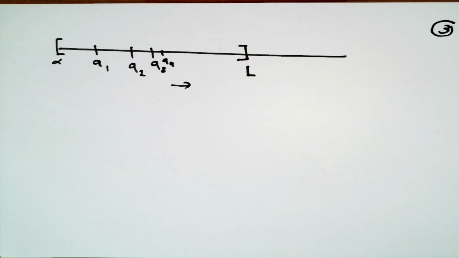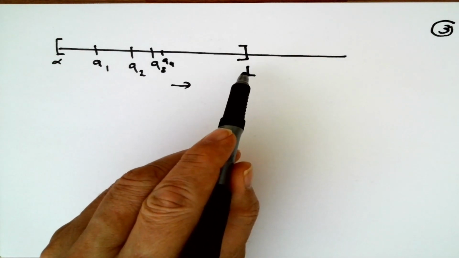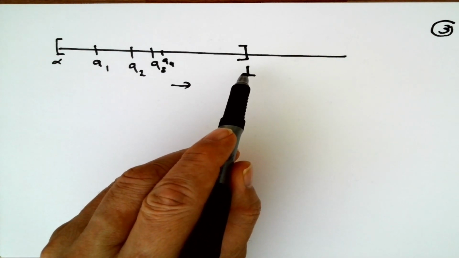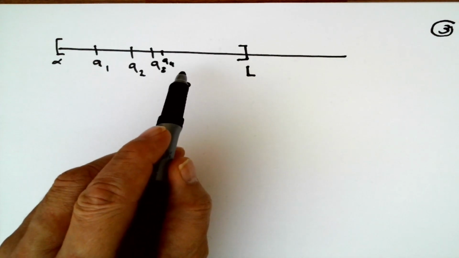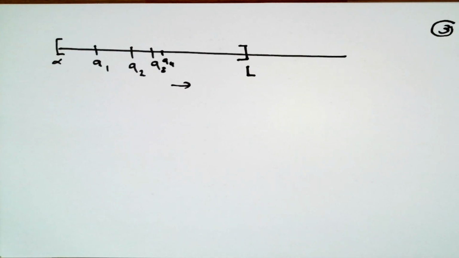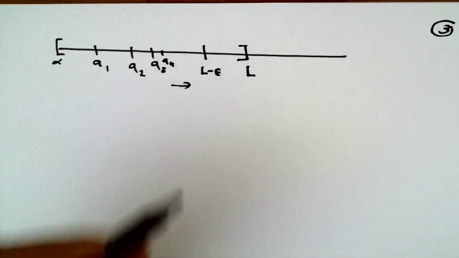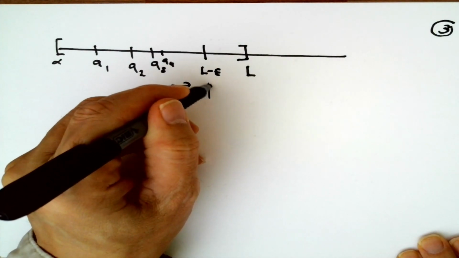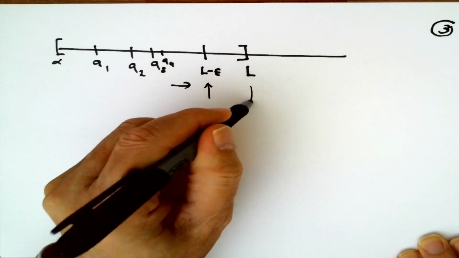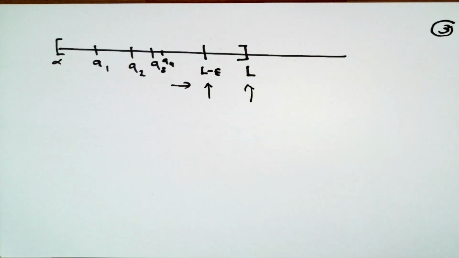Then I'm going to sit at the right end of my interval at x equal L, and I'm going to move to the left by the small positive amount, epsilon. Here's the key point. I claim there has to be at least one of the A numbers between L minus epsilon and L. The reason for that is easy enough to see.